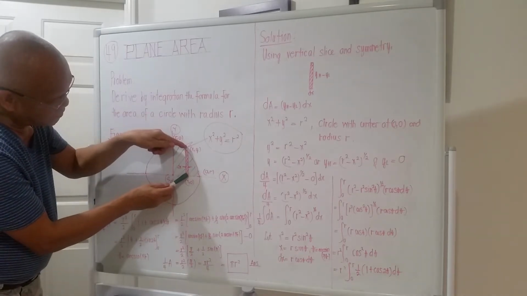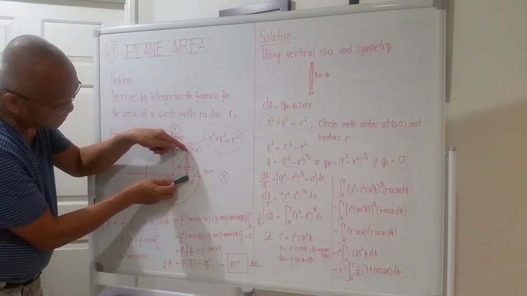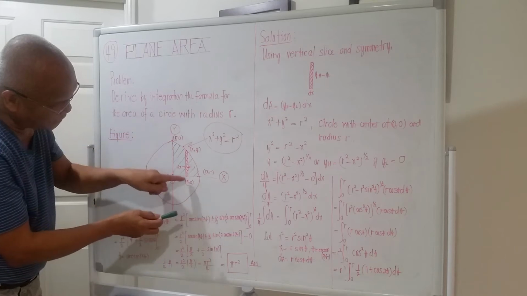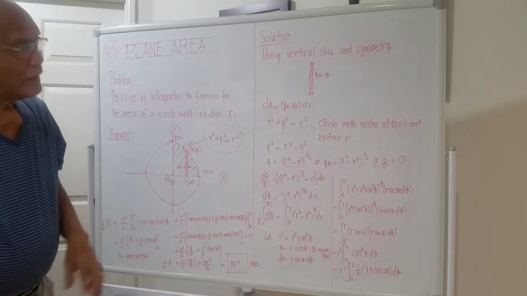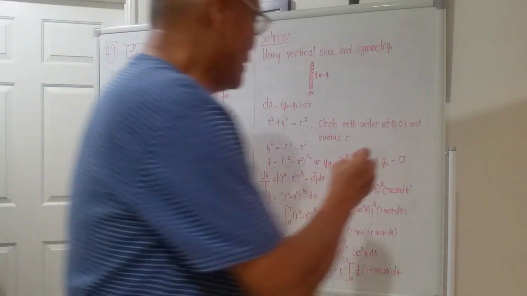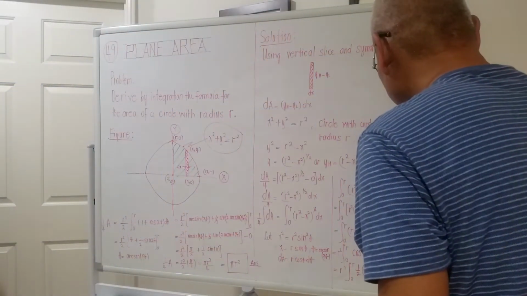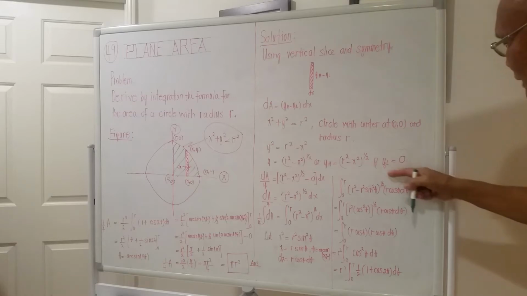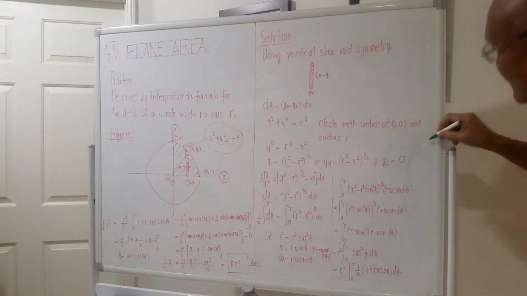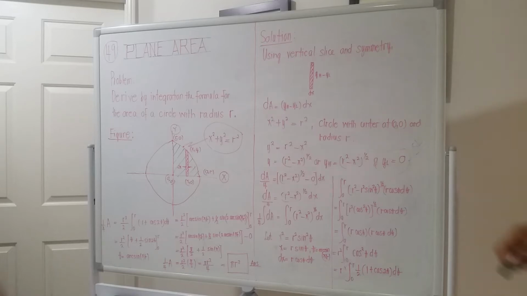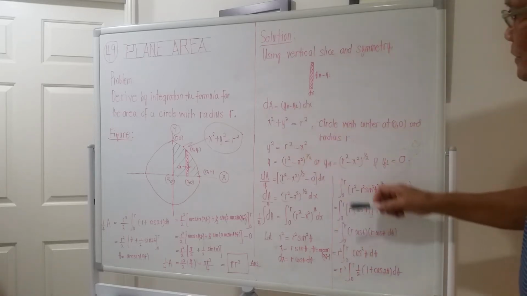This is y higher, and y lower is on the x-axis. And y lower is actually 0, which is a straight line. Okay, let's proceed with the solution.